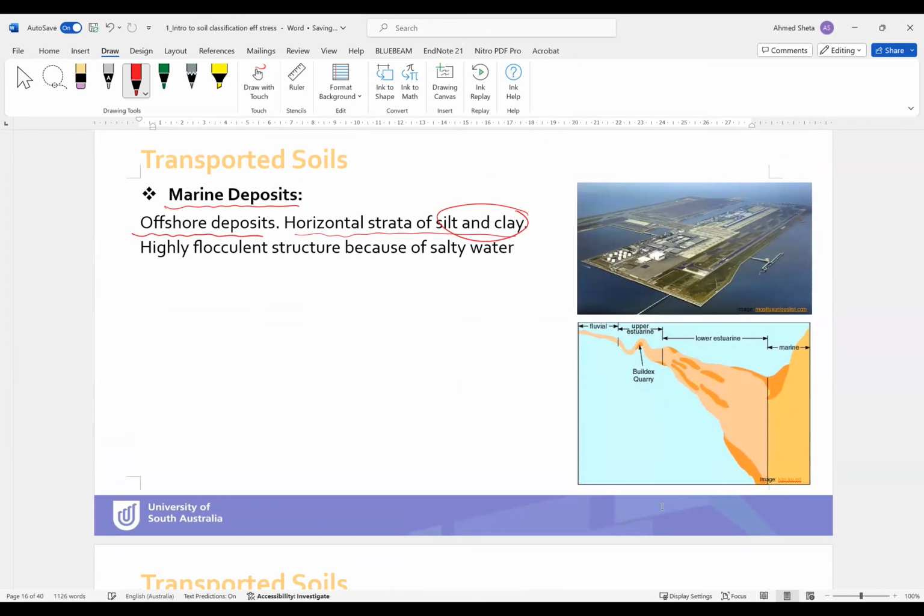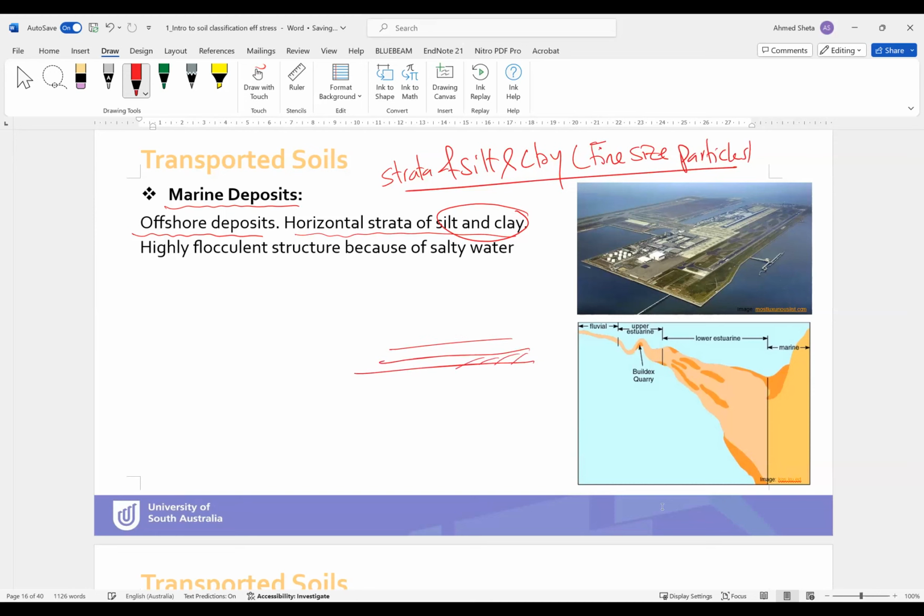Silt and clay again are fine size particles, and strata means that we have layers. So we have strata of silt and clay. We can also call this ocean sediment, so it's called marine deposit or ocean sediment.